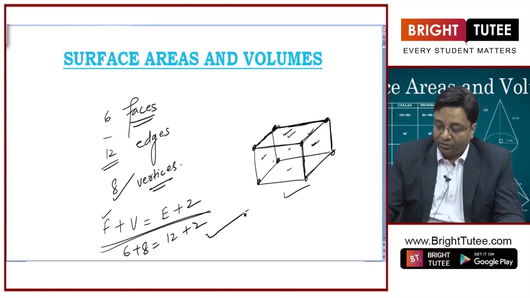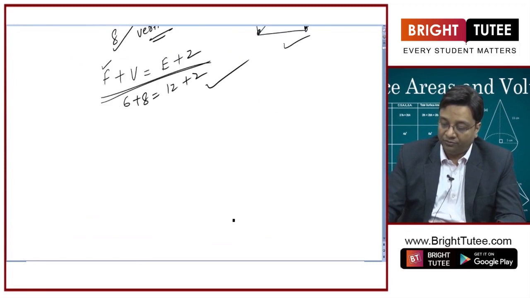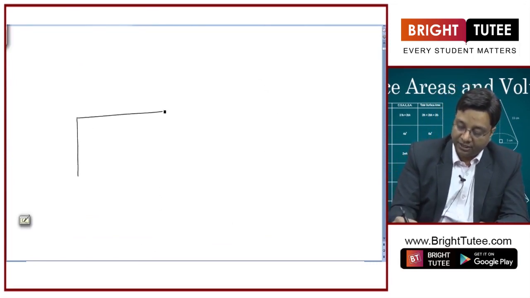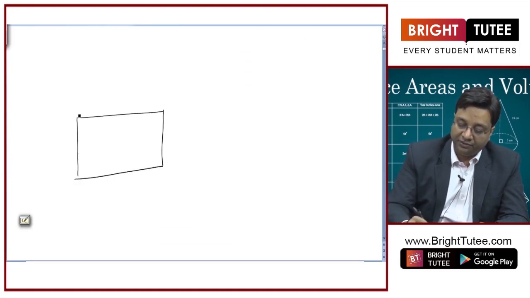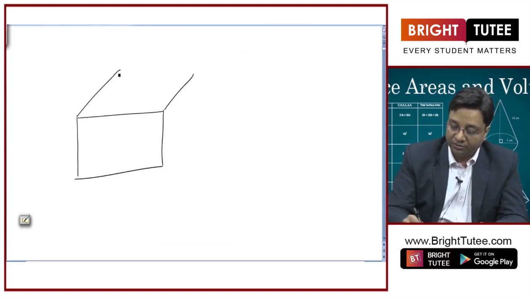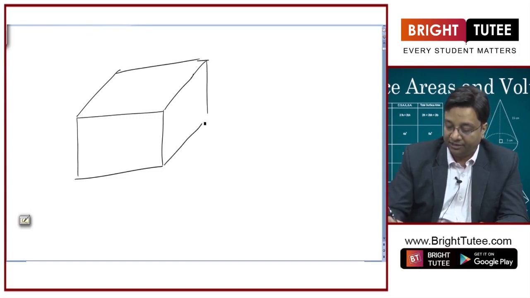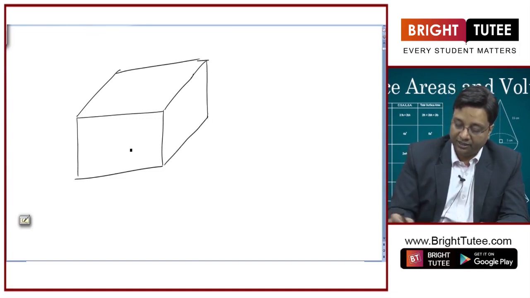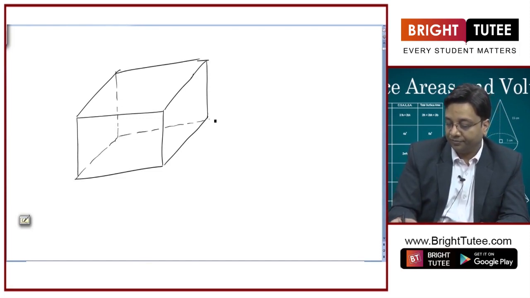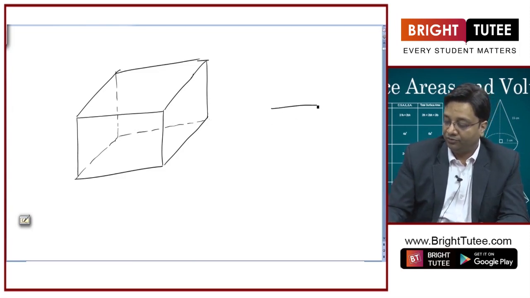Now, I will talk about surface area of cuboid and a cube, okay. What is the difference between a cuboid and a cube? In a cube, all the length, breadth and heights are same, right. So, this is a cuboid that I have made here, and let me make a cube for you.